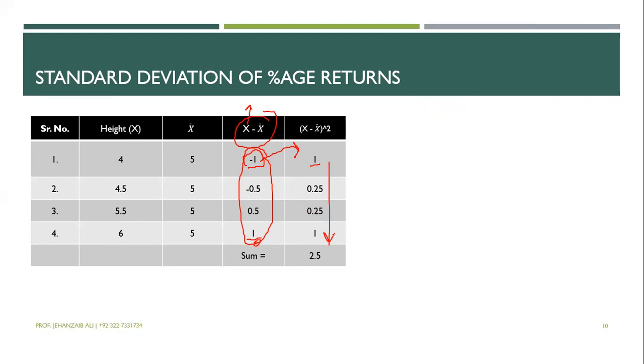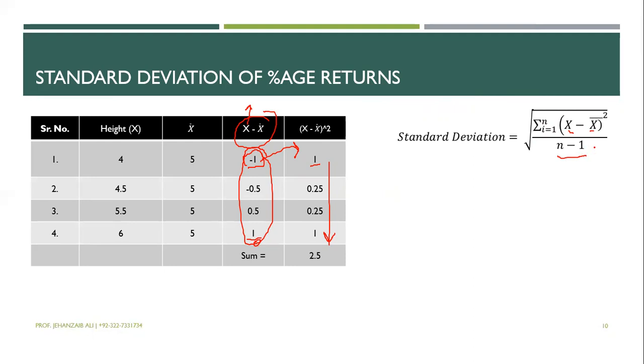So in order to calculate the standard deviation, we have the formula: the square root of the sum, from 1 to n, of the squared difference between each individual value and the average, divided by n minus 1. That will give you the standard deviation.